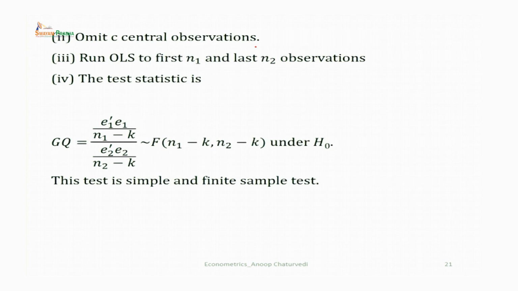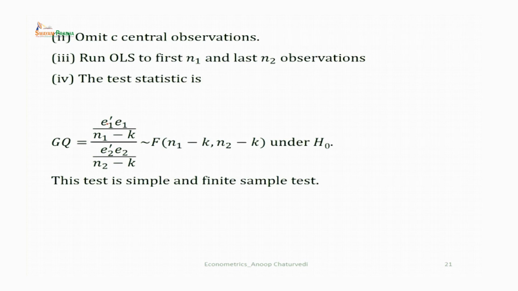In the next step, we omit c central observations, and then we run OLS to the first n1 and last n2 observations. e1 is the OLS residual obtained by running OLS to the first n1 observations, and e2 is the OLS residual for the last n2 observations.